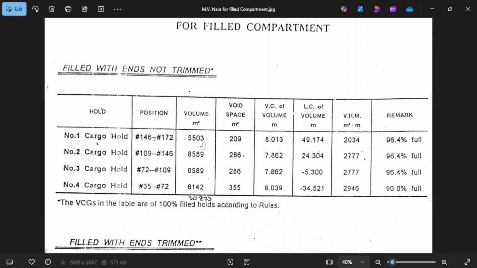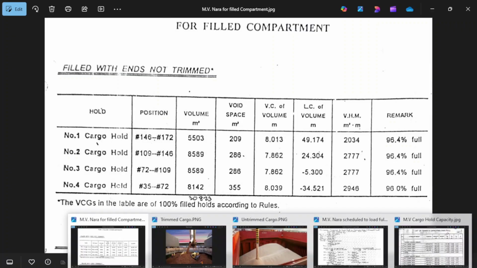Number 1 is 5,503, cargo hold number 2 is 8,589, cargo hold number 3 is 8,589, and number 4 is 8,142.